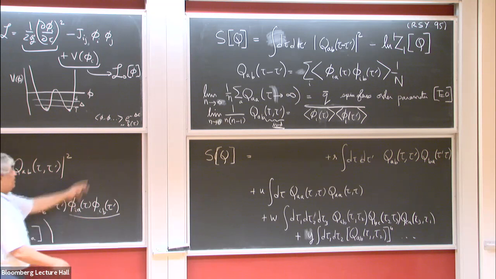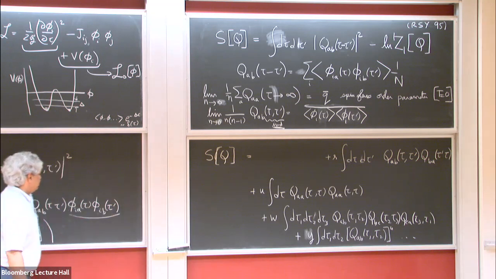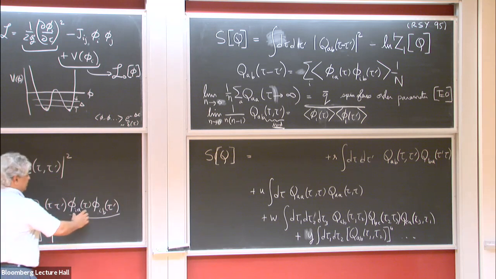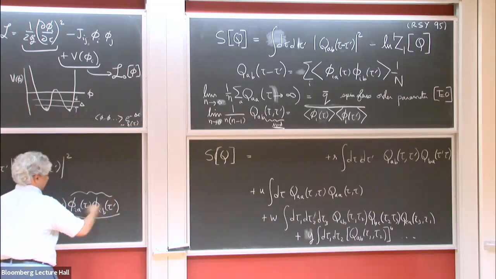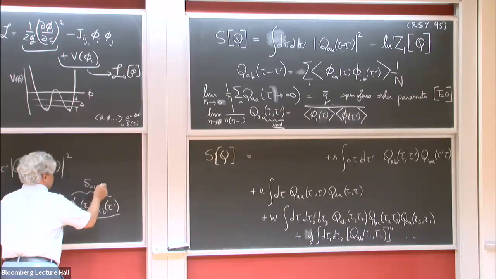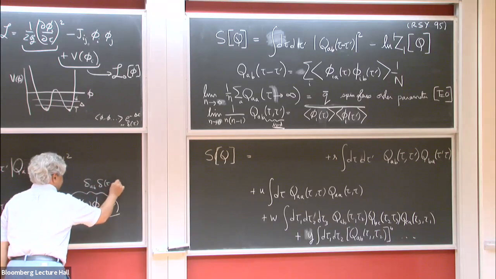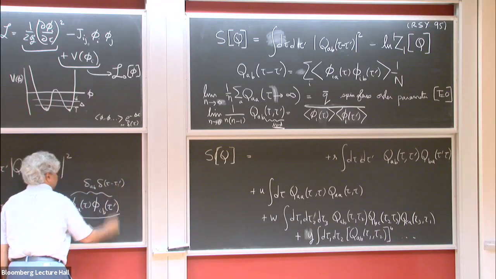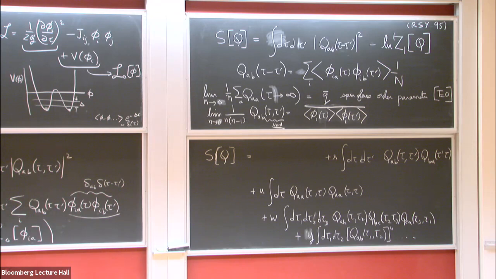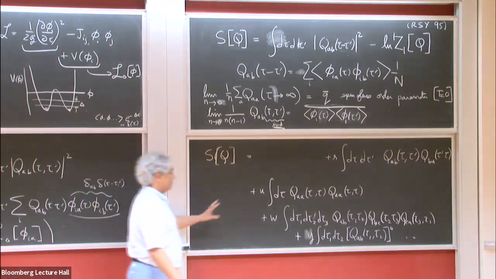And second, they decay exponentially. So what that means is every time you have this, in this expansion you can pretty much replace it by something that's replica diagonal and also delta function in time.